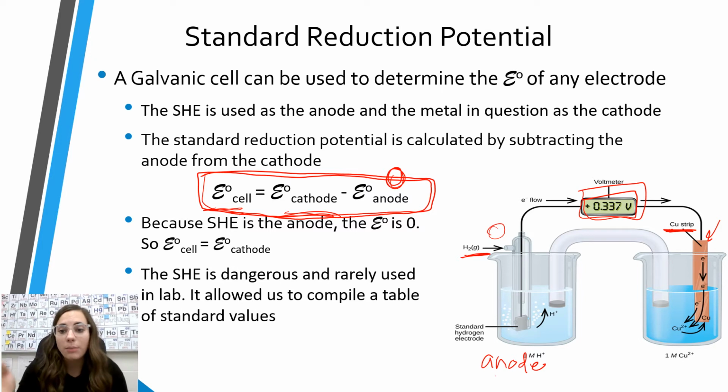So in just a second, I'm going to show you a whole standard reduction table, but I wanted you to understand where those values came from. Now, hydrogen gas is very flammable, so it's very dangerous, so it's often not used in labs, and so that's why this was kind of done in very controlled environments for us, and then now we use the table.